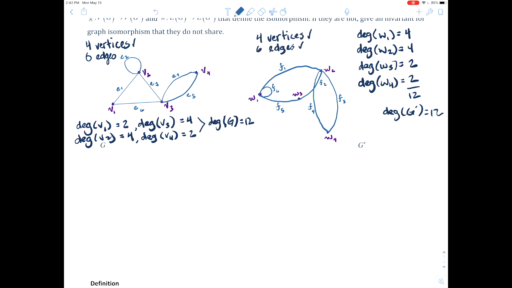So here, we have our vertices of G. We have vertices of G prime.